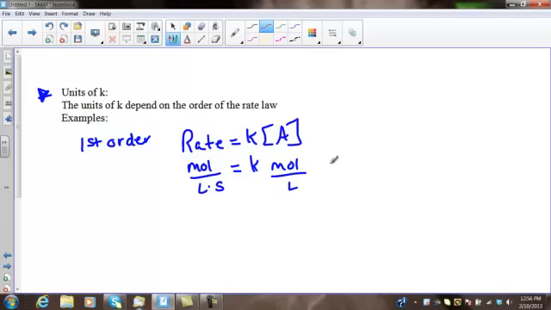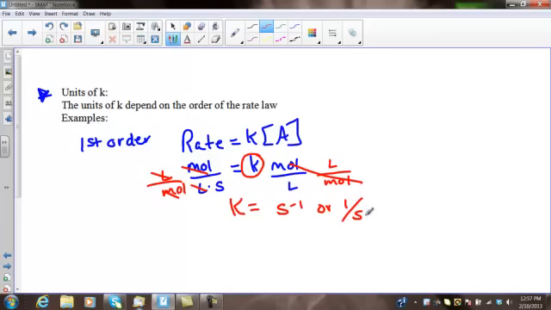So if I multiply both sides by the inverse, because I'm solving for K, these cancel, and I'm left with K equal to seconds to the minus 1, or 1 over seconds.